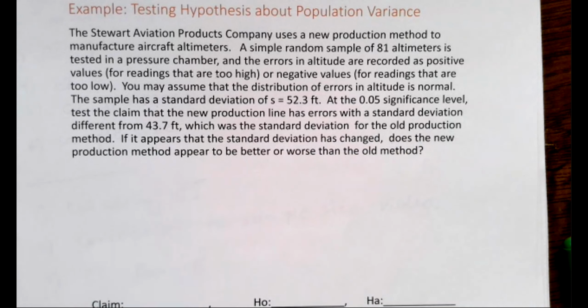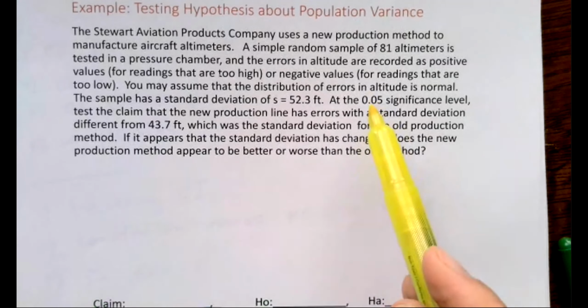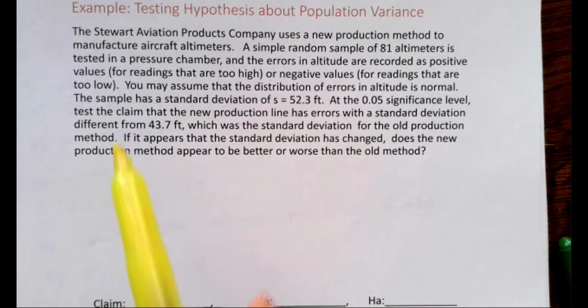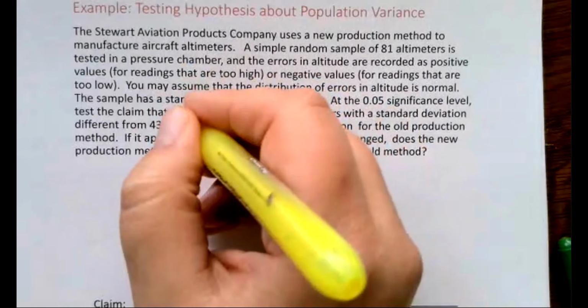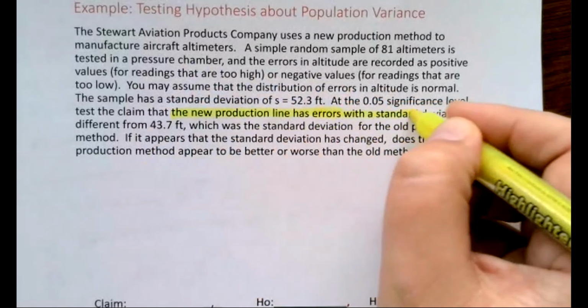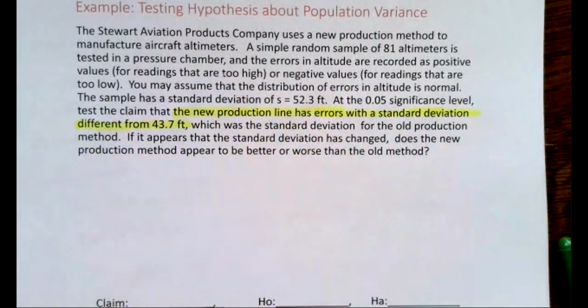Okay, so again, our first objective is to identify the claim, and it usually comes after the significance level. Test the claim that the new production line has errors with a standard deviation different from 43.7 feet, which is the old standard deviation.